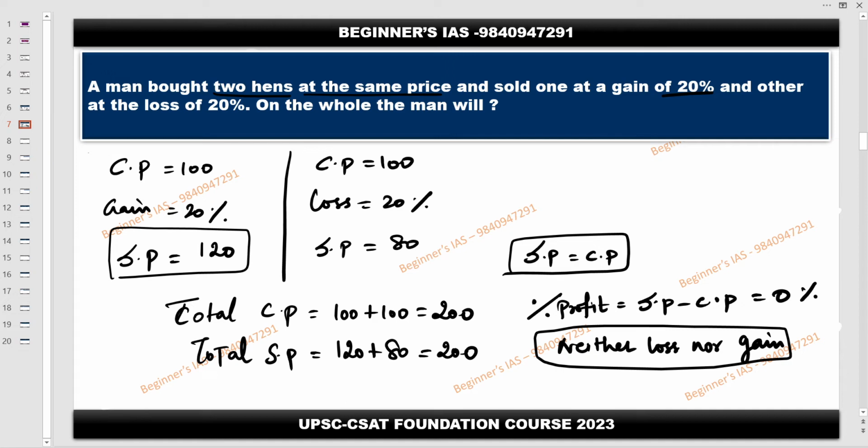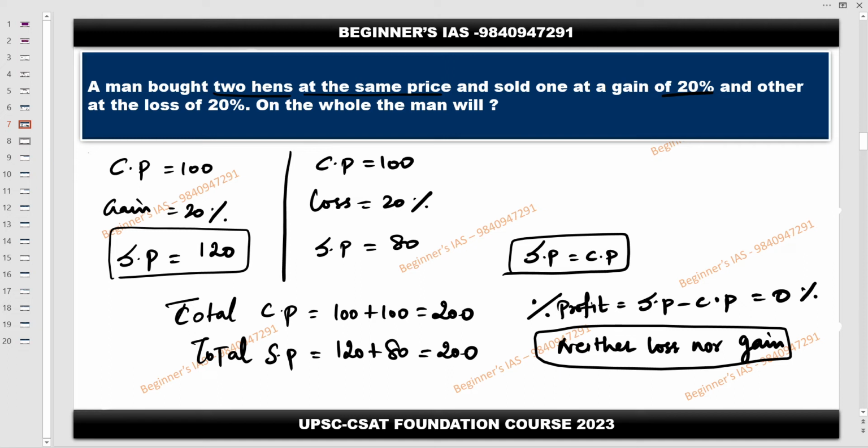In order to solve gain or loss, first find the total cost price, then find the total selling price and check the difference. When the selling price is greater than the cost price, it is a profit. When the selling price is less, then obviously it is a loss. But here both are the same, therefore it gives neither loss nor gain. Understood, everyone?